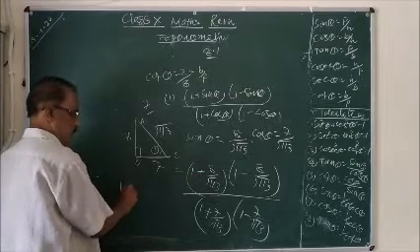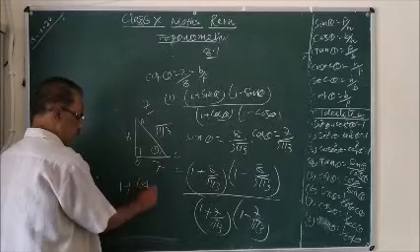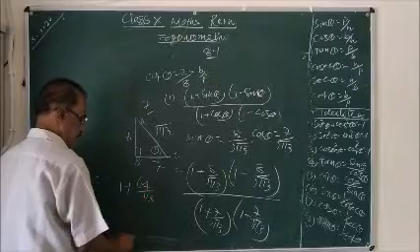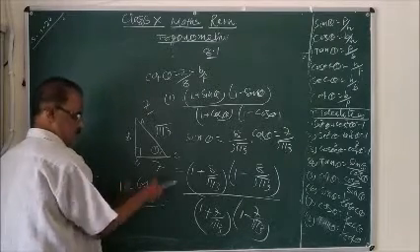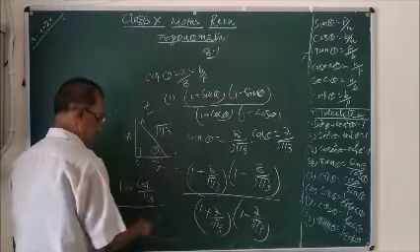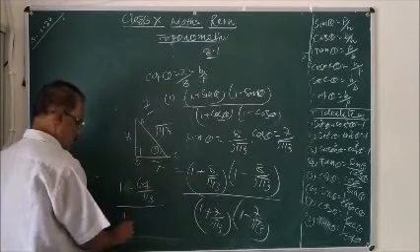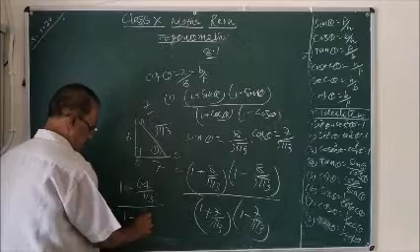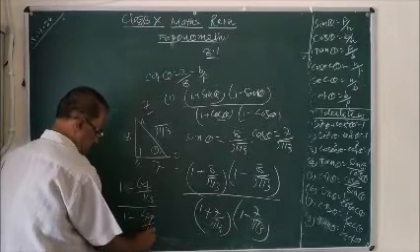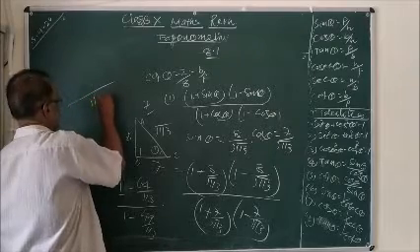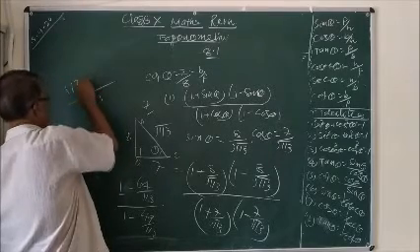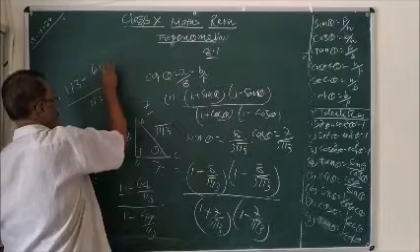1 square is 1, and the square of this is 64/113, as the root will be cancelled. Now this will be a² − b²: this square minus this square. And similarly here, 1 square is 1, and this will be 49 by 113. Now you simplify the numerator with LCM 113: 113 minus 64.